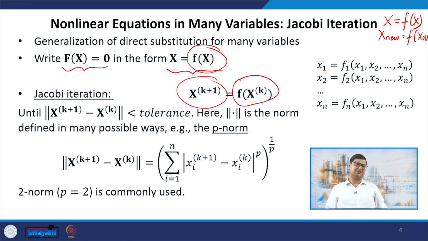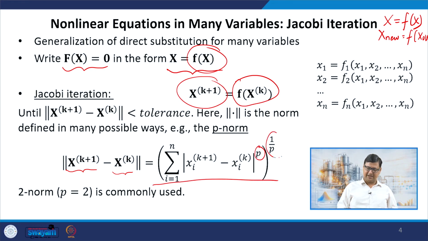And now it is time to give a more formal definition of the error. We define it in terms of the norm of a vector. Whatever is the new value minus old value becomes a vector, and for a vector I can define a norm in multiple ways, but in general the definition is something like this, where p can be any number.